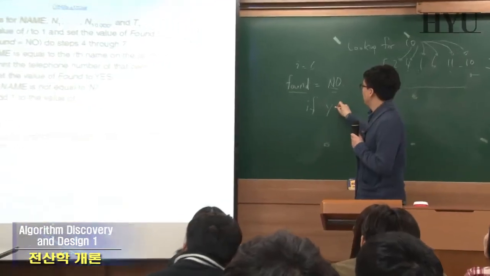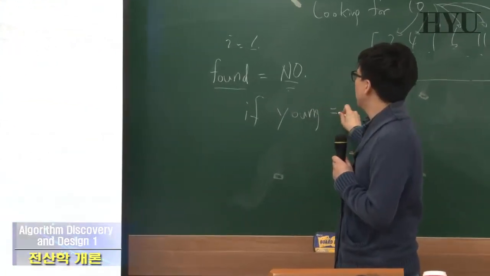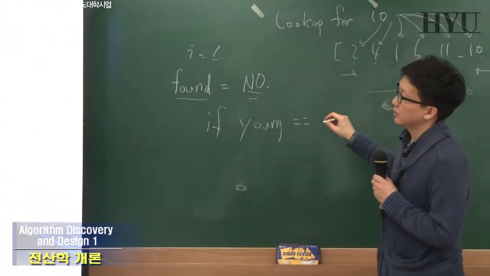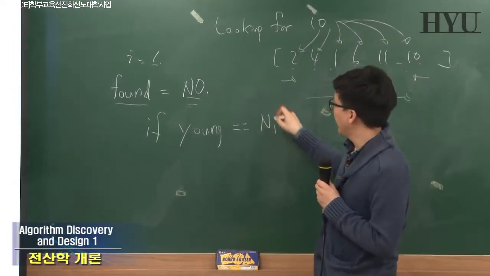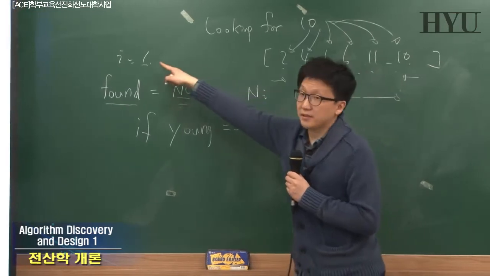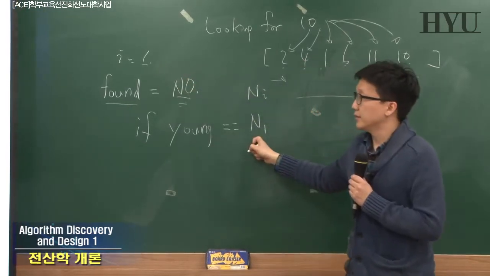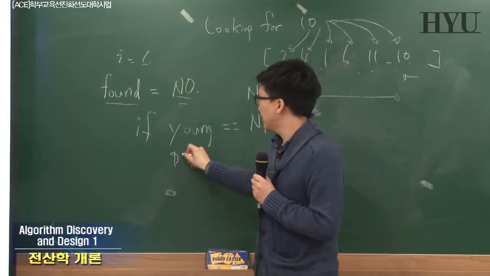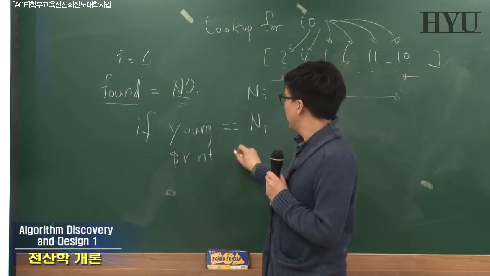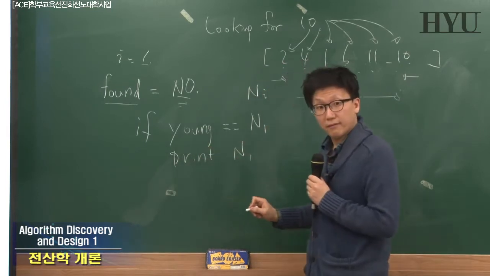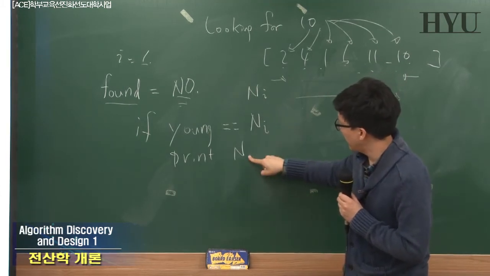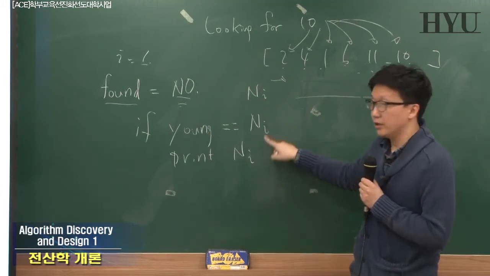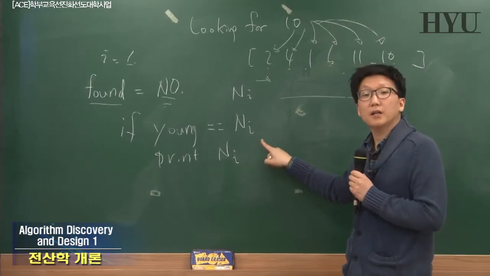If Young is equal to n1, because ni, but i is starting from 1. If it is, print n1, right? So after this point, I'm going to simply replace 1 with i: n1, n2, n3, n4.